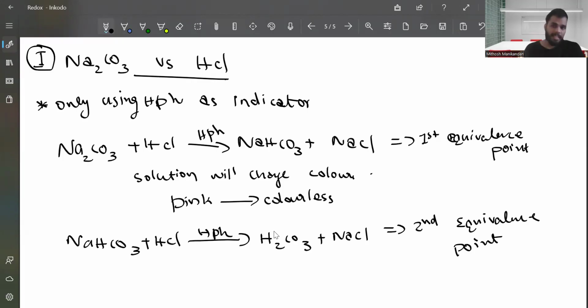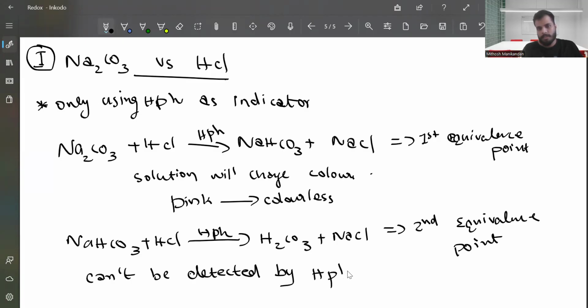But will we detect it using phenolphthalein? No, because as we found out, phenolphthalein is not a suitable indicator for this pH range. So it can't be detected by phenolphthalein. Keep this in mind: the first equivalence point will be detected by phenolphthalein, the second will not.